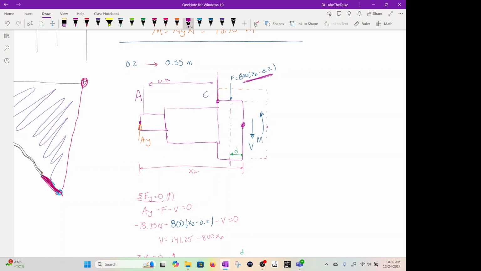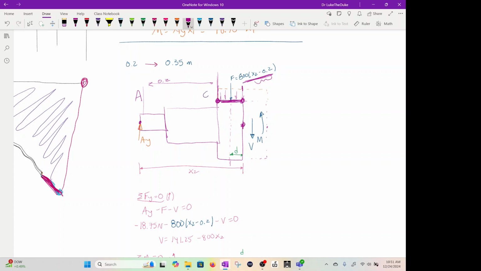So if this is a weighted distribution, it would be 800 times that distance, which we can call x, which is x2 minus 0.2. I did it in terms of x2 because x2 is this total distance.